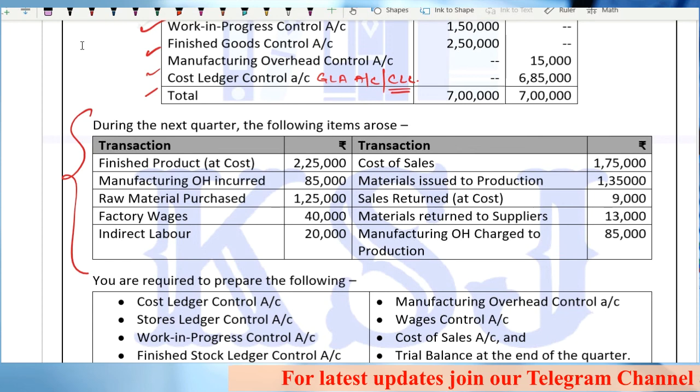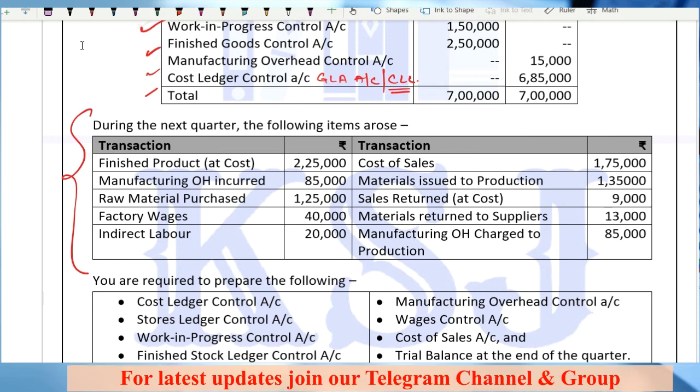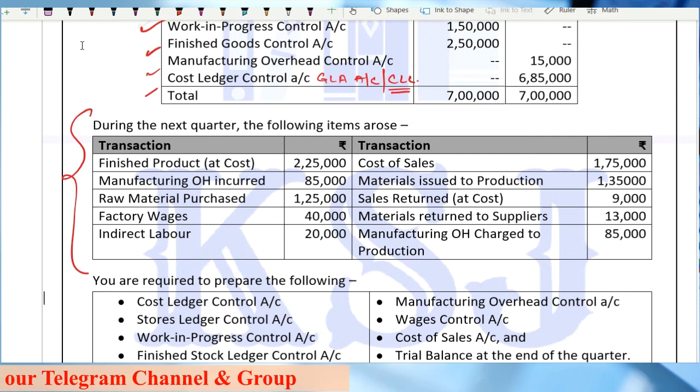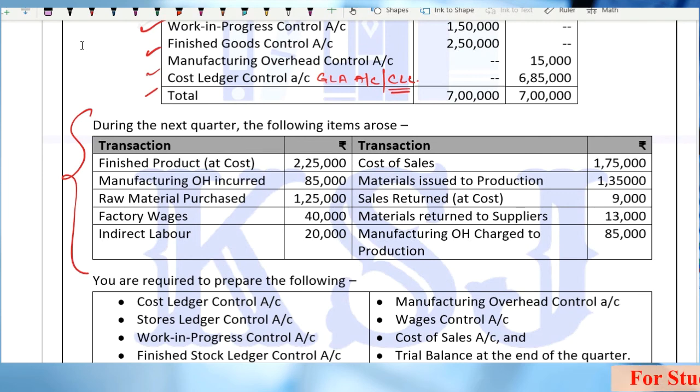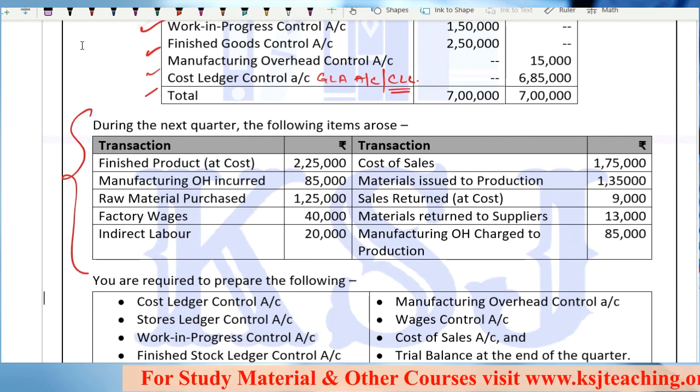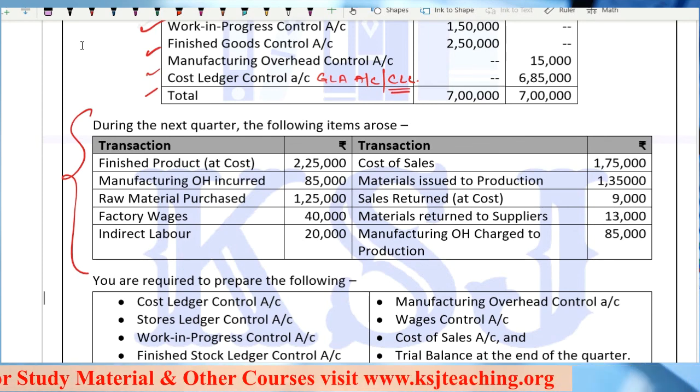The first transaction is finished product at cost. What is going to be the journal entry for this? If we are saying finished product at cost, it means that your WIP has been converted into finished goods and you are recording the finished goods at cost, that is 2,25,000.